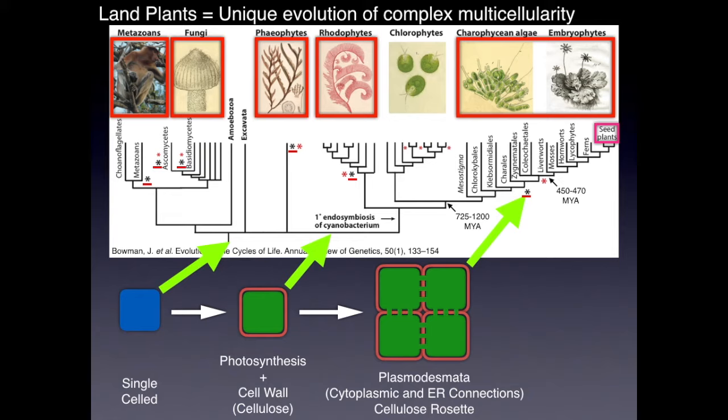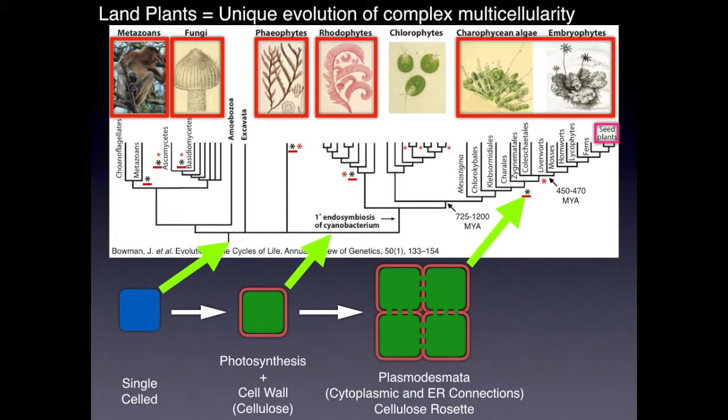And plasmodesmata are really fascinating structures, but in short, after cell division, these two daughter cells maintain a cytoplasmic and even ER connection between the two cells. So there's a piece of contiguous membrane between the two daughter cells. Once again, a very strong physical constraint.